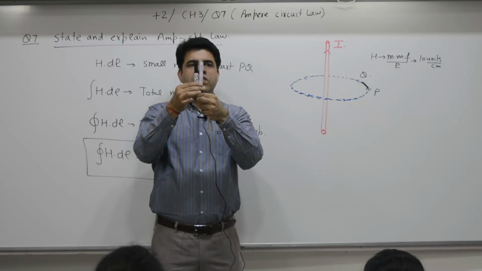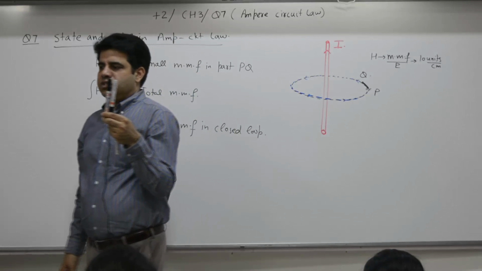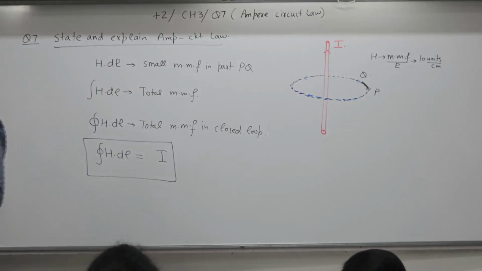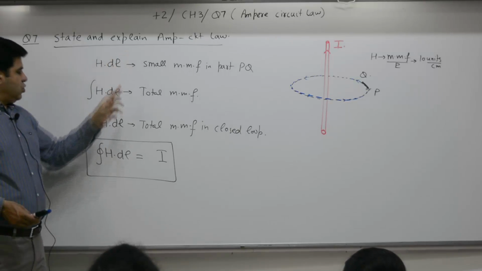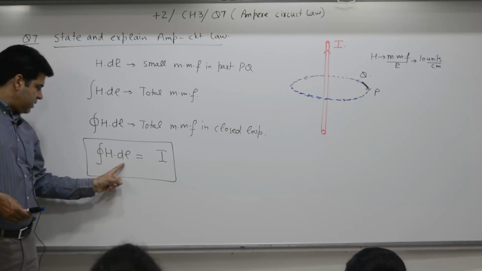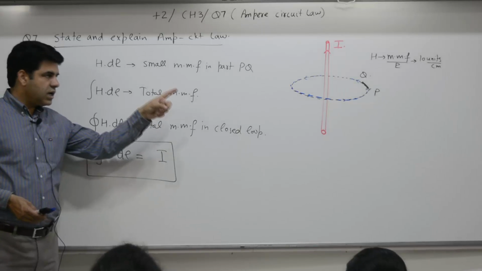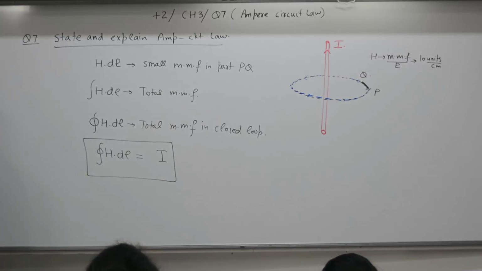These two will create magnetic flux that will cancel each other. So, the result is 0. What is the law? Ampere's Circuit Law. Total MMF in a closed loop is equal to total current contained. Time with you is 3 minutes.